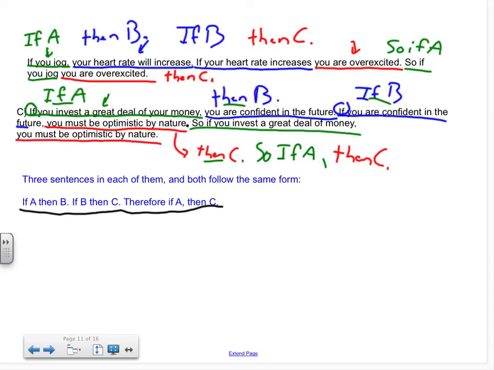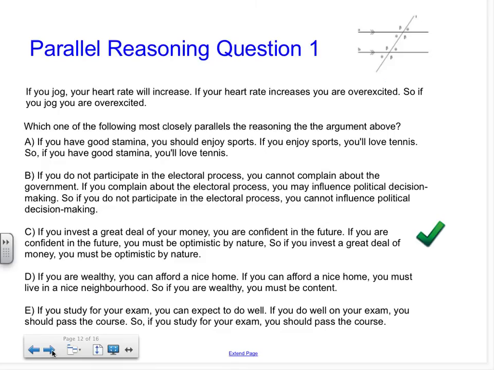The contents are very different, but the structure of the passages is parallel and identical. And C, to conclude, was our final answer, the correct answer for this passage.